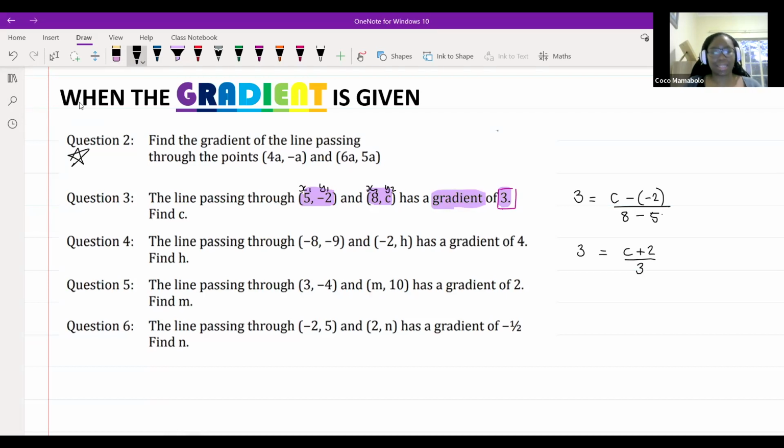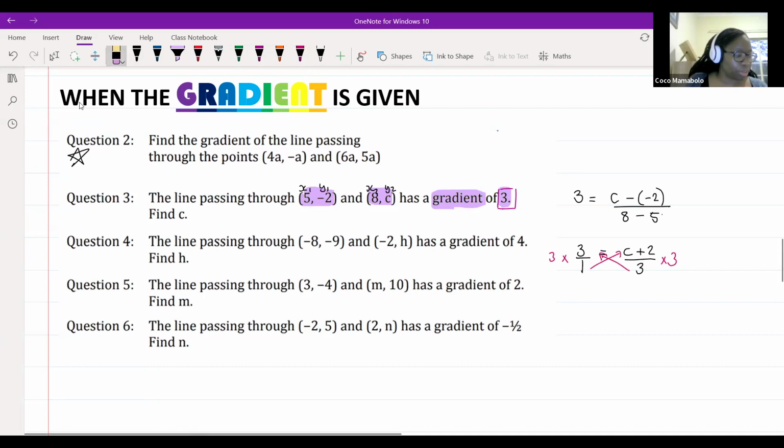Okay, what would my next step be, grade 10s? What would I do next? I'm solving for c, clearly, yes, because that's the missing value. My next step, I'm going to put this over 1 and do what? Correct. I would cross multiply the 3. I would multiply by 3 on both sides. So you can either do that times 3, or you could just cross multiply like that.